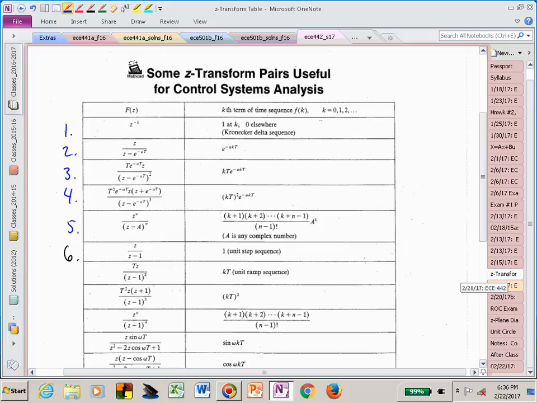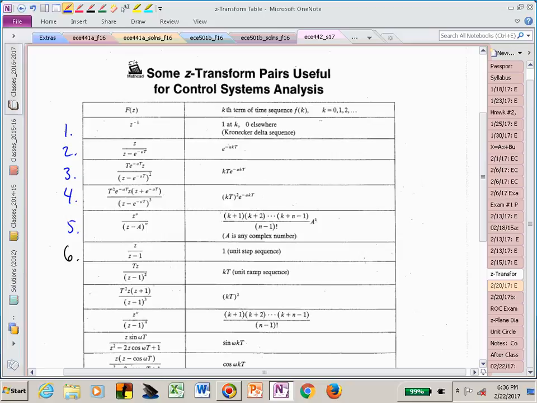I don't have that one labeled either, but do you see what row it is? Can we inductively figure that one out? It's row 8 of the table. So now we have n T squared. Wow, that gets a little bit interesting, doesn't it? But that's what our Z-transform is when we Z-transform that.